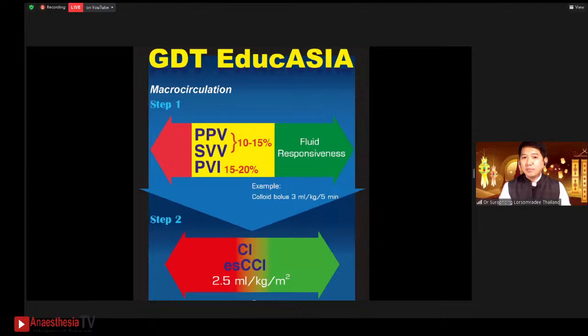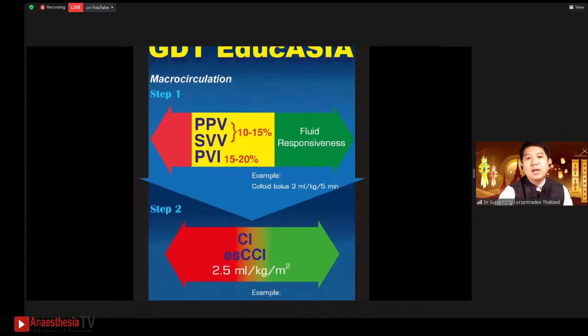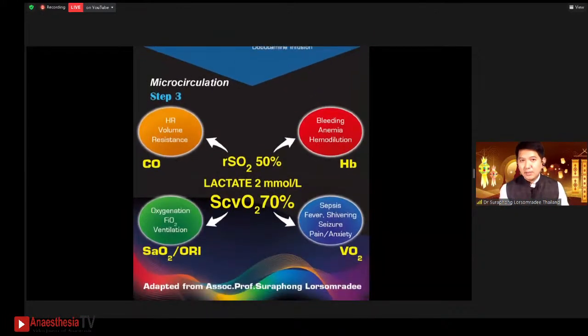Like step 1, we optimize the fluid responsiveness, and we optimize the contractility. Some people would like to do step 2 first, step 1 second. It's okay, up to you. But in my practice, I do both fluid and contractility at the same time. After we optimize the macrocirculation, we go to the next step, the microcirculation.